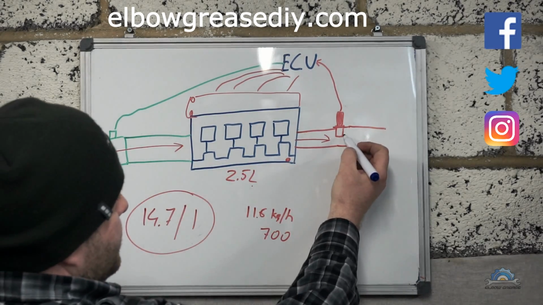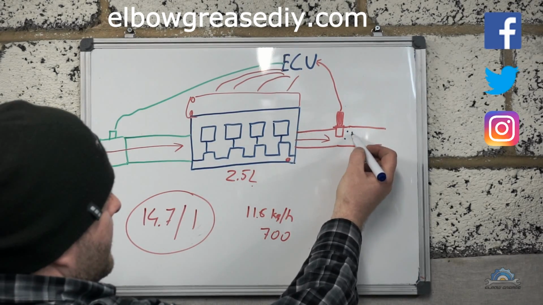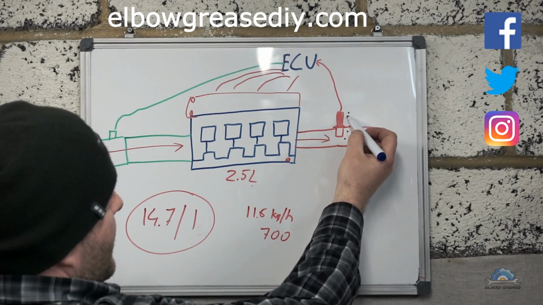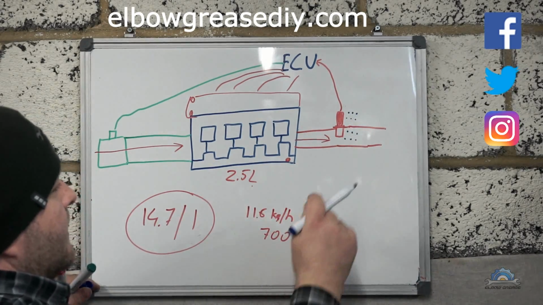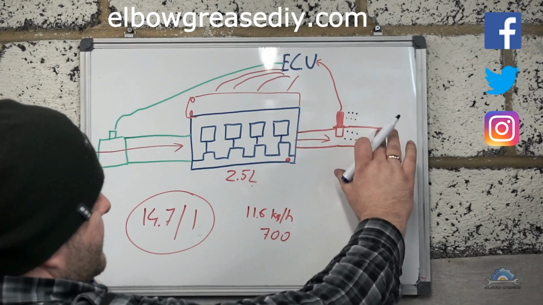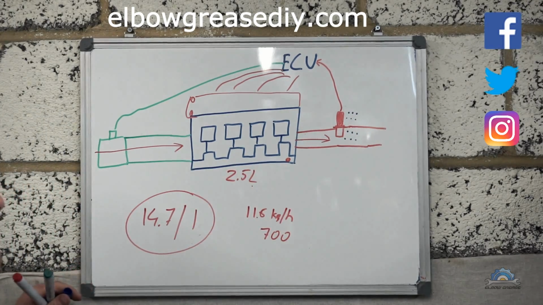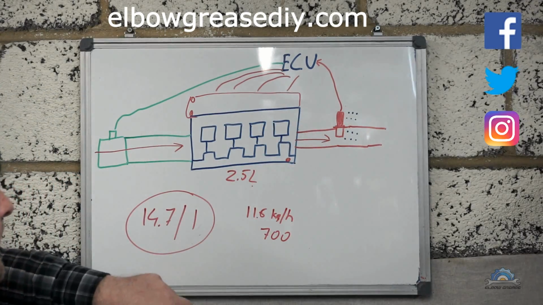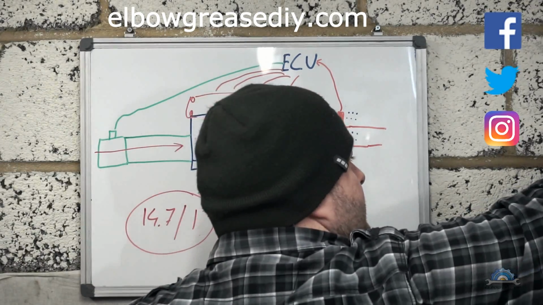What it's doing is detecting the amount of oxygen inside the exhaust system as well as outside. If that amount is equal, it will be very happy and it will feed some information to the ECU.